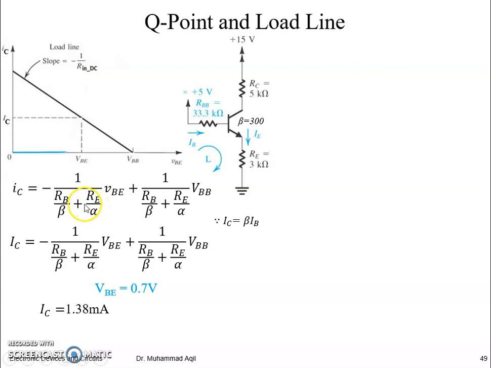That is the input side loop, the slope of the input side loop for DC supply only. And this equation is nothing but the equation of this loop energized with a DC supply. That is why this equation would be called the DC load line.